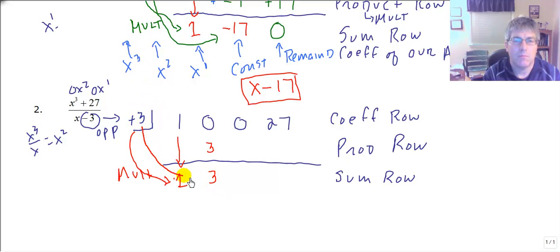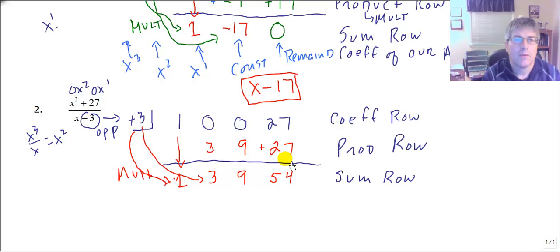And we will multiply again. 3 times 3 is 9. And we will add down, because this is a sum row. So we're going to add and get a sum. And that is 9. And 3 times 9 is 27. We will add down. Be careful here. 27 plus 27 is 54.